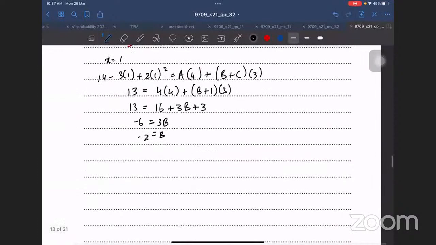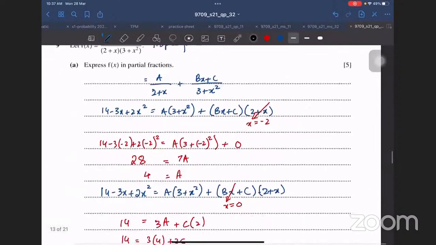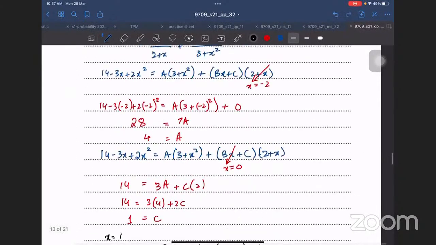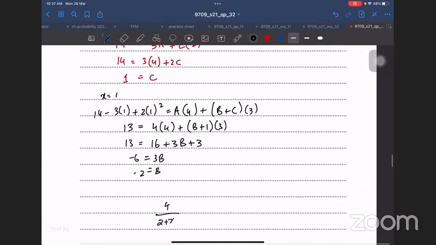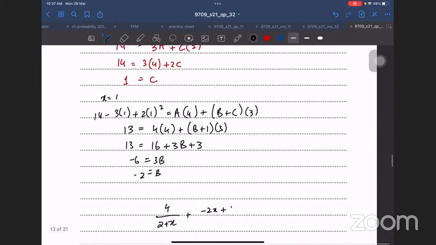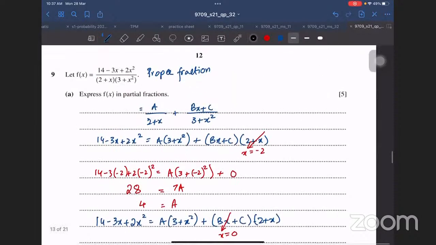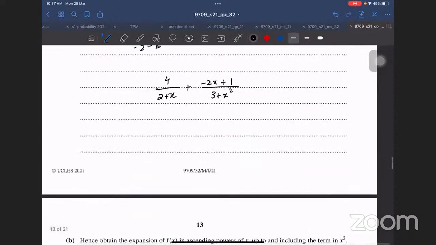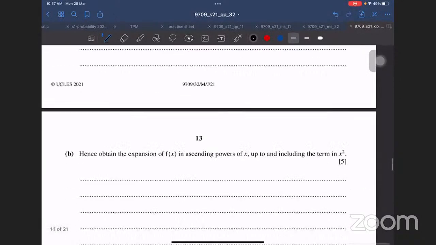Okay, so my partial fractions are what? My partial fractions are 4 over 2 plus x plus minus 2x plus 1 over 3 plus x square. Okay. Then it says expansion.